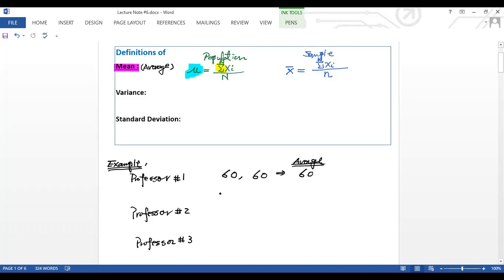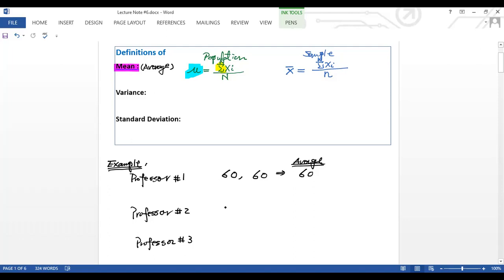Now for professor number 2, these 3 professors have totally different teaching methods. Maybe one is just reading from the PowerPoint, one gives a different approach for these 2 students. Professor number 2 does the same thing and gives these 2 students the test.